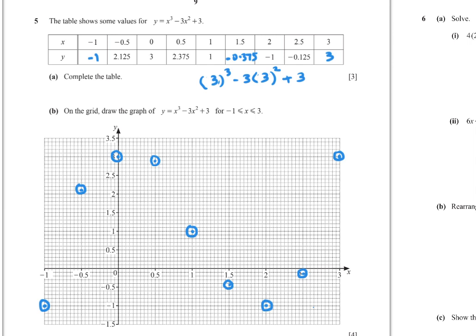Now draw a smooth curve. This is a cubic function, so it's curved like that because the coefficient of x power 3 is positive.